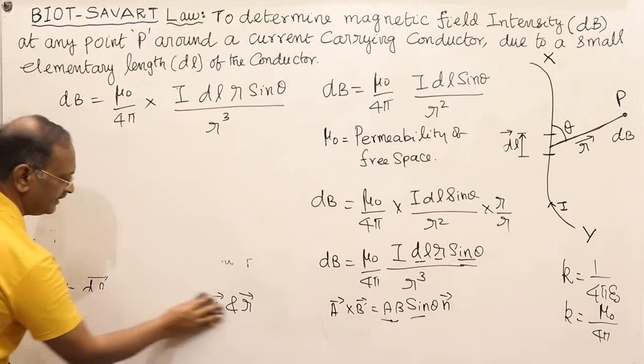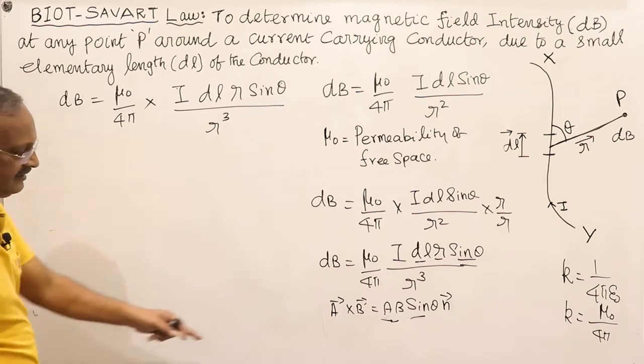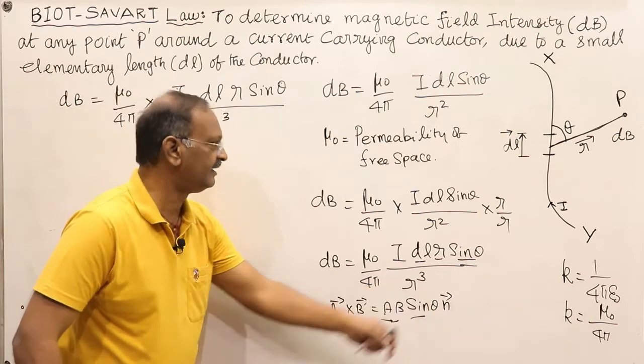Now this can be converted, it seems like A cross B is equal to AB sin theta in n vector.